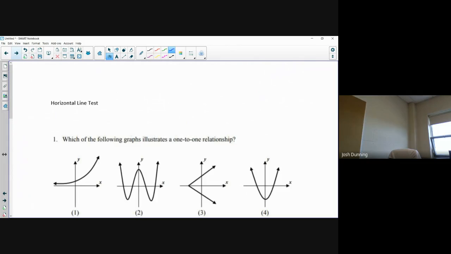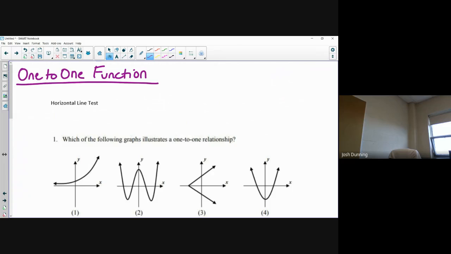Now, here's a new part. And this isn't really that hard. The horizontal line test. This is to see if something is what's called a one-to-one function. This is new. Now, a one-to-one function, first of all, it's got to be a function, which is why we just reviewed the vertical line test.